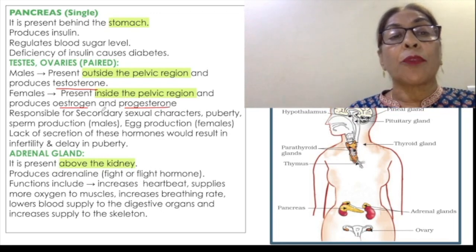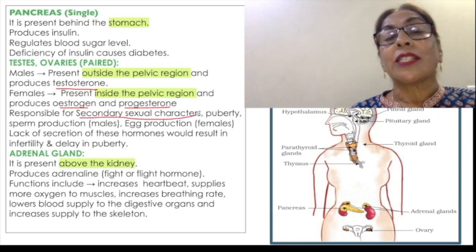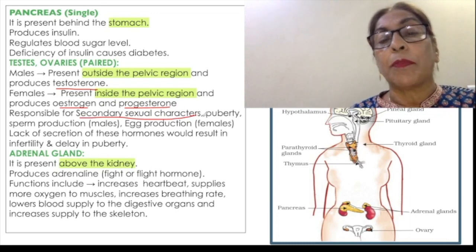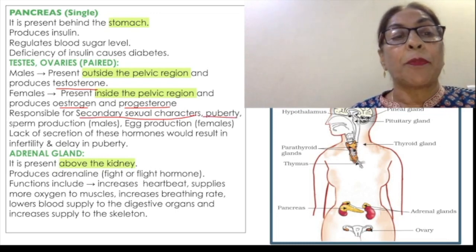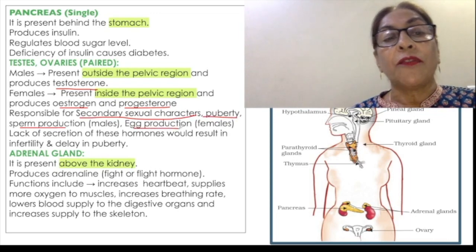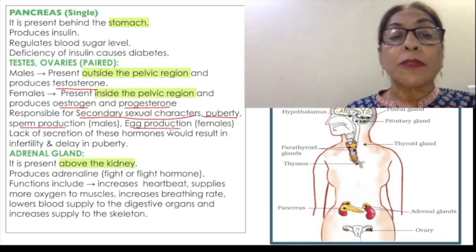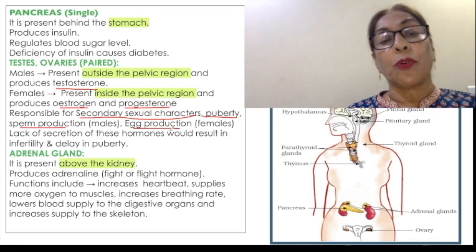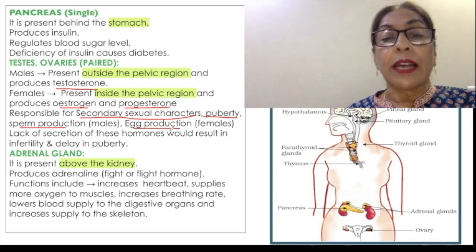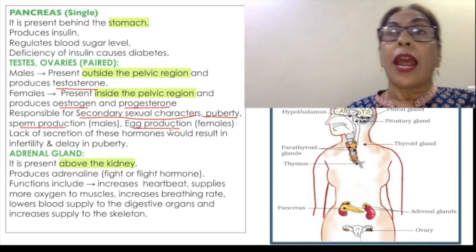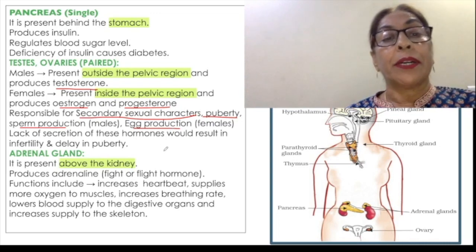And these hormones, male sex hormone and female sex hormone, are responsible for secondary sexual characters, puberty, sperm production in males and egg production in females. Lack of secretion of these hormones would result in infertility and delay in puberty.